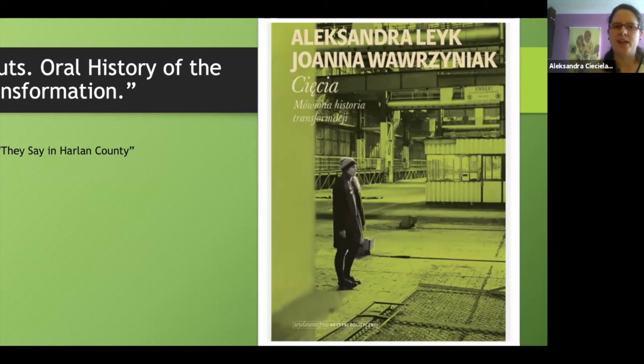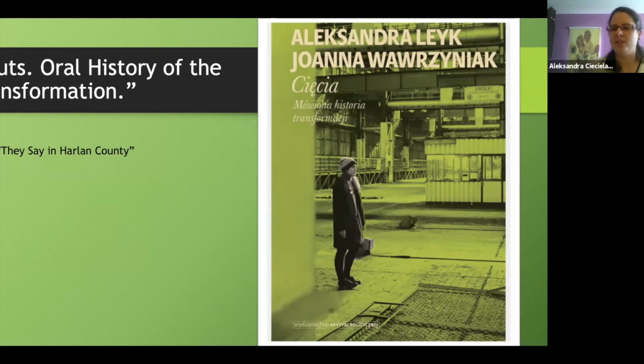And it's an oral history of the transformation, the period when Poland changed from a centrally planned market into capitalism, and how people that worked in factories, in jobs that existed in communist times but were completely shut down in the 1990s, dealt with this transformation.